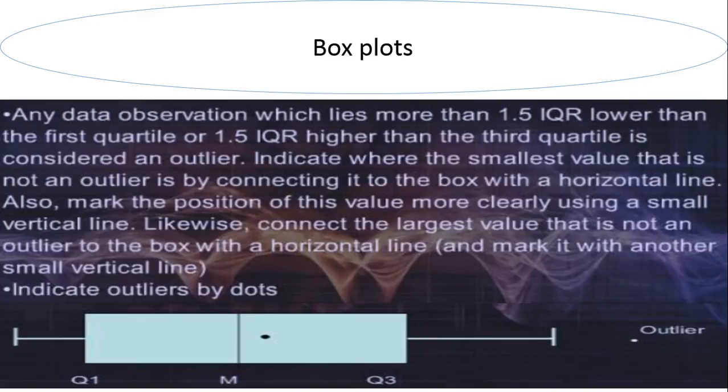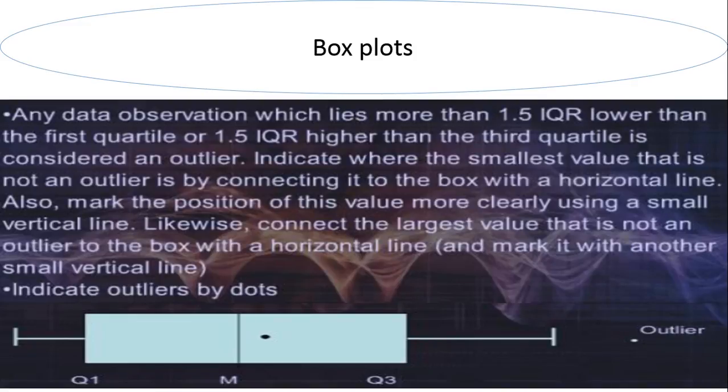Indicate the smallest value that is not an outlier by connecting it to the box with a horizontal line. Also, mark the position of this value more clearly using a small vertical line. Likewise, connect the largest value that is not an outlier to the box with a horizontal line, and mark it with another small vertical line.